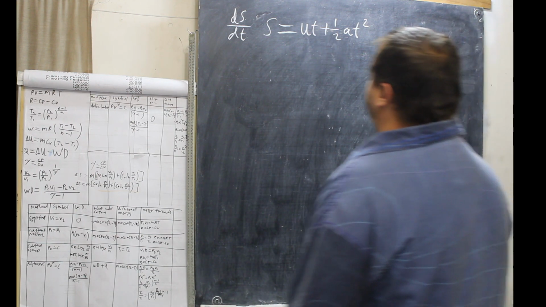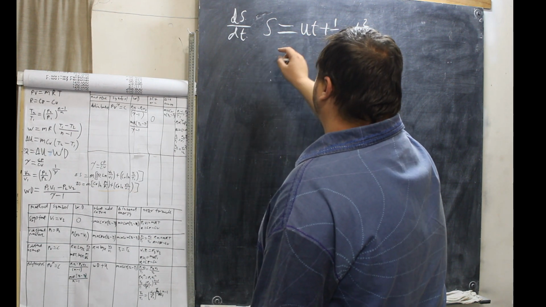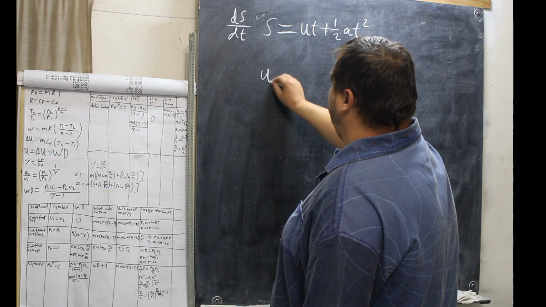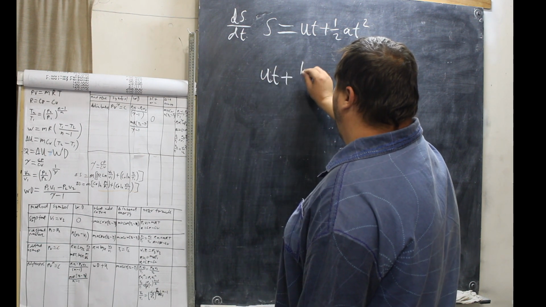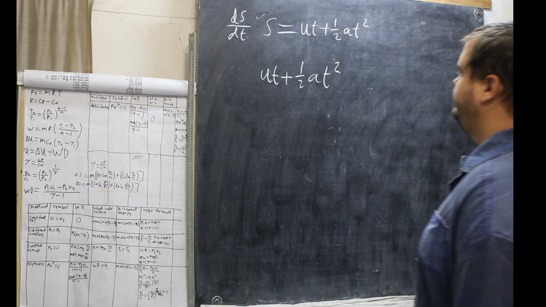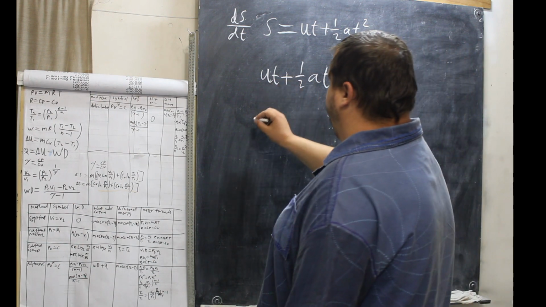So s equals ut plus half at squared. So let's deal with this first part.